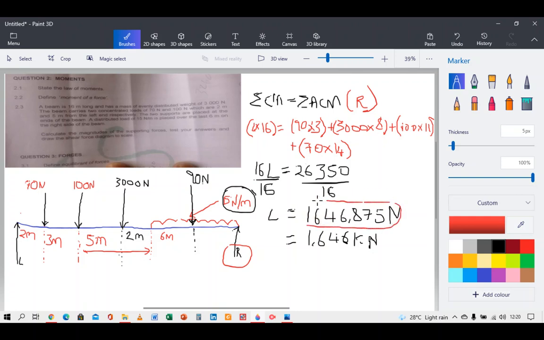But if you are not asked to write in kilonewton, your final answer becomes this one.